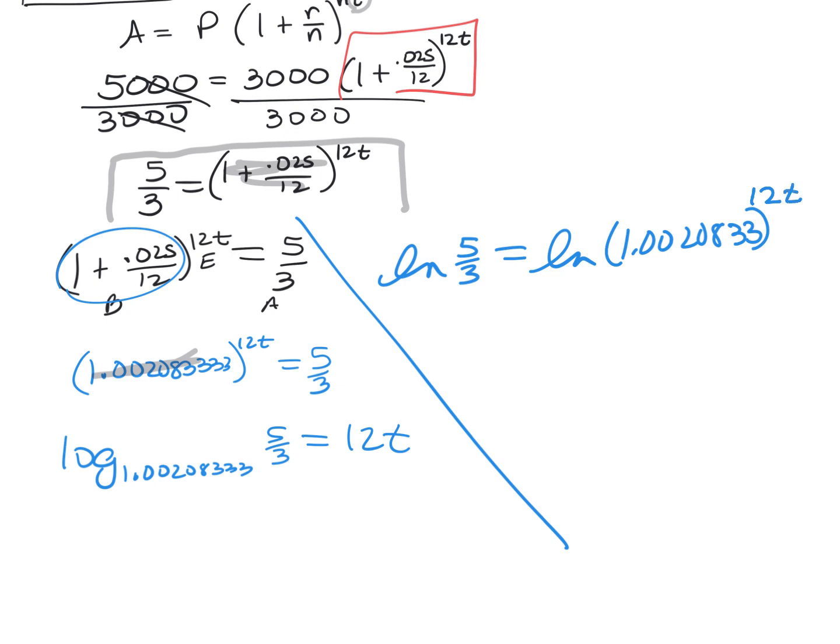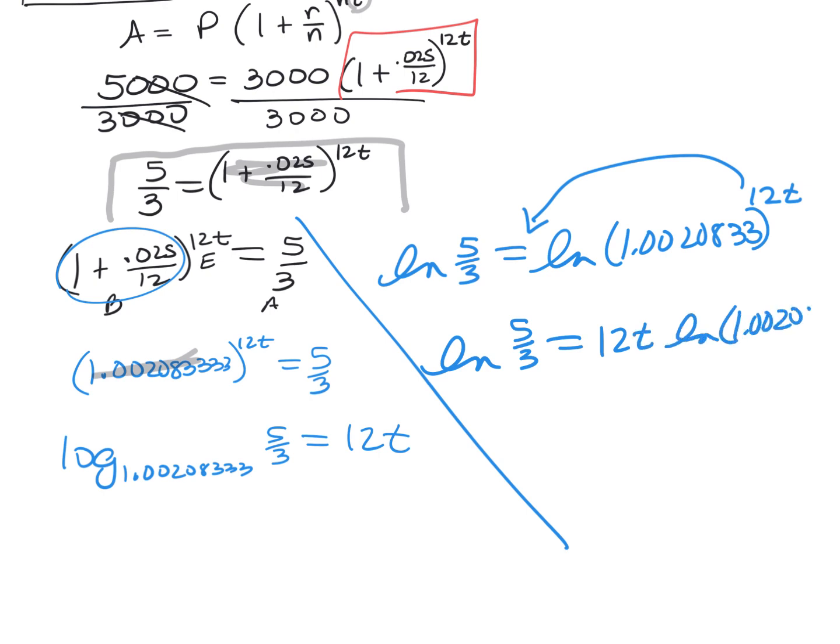Then what we can do is use our power property, move it to the front. So ln of 5 over 3 equals 12t times ln 1.0020833.